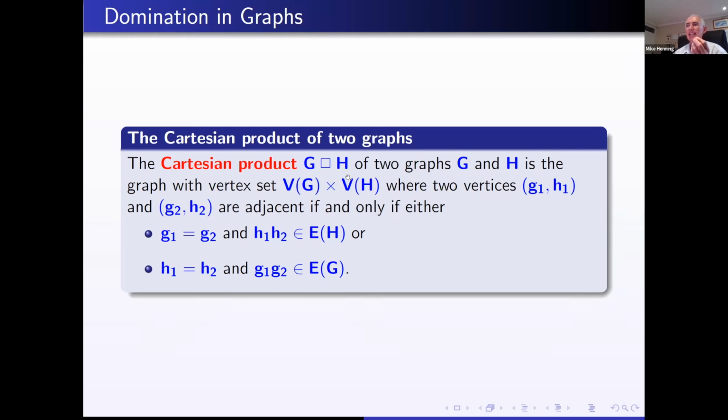The vertex set is the product of their vertices, V of G times V of H, and 2 vertices (g1, h1) and (g2, h2) are adjacent if either they are equal in the first coordinate and h1 and h2 are adjacent in H, or the other way around: h1 and h2 are equal, but g1 and g2 are adjacent.